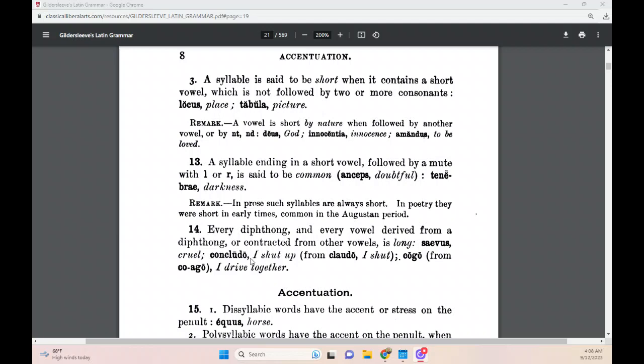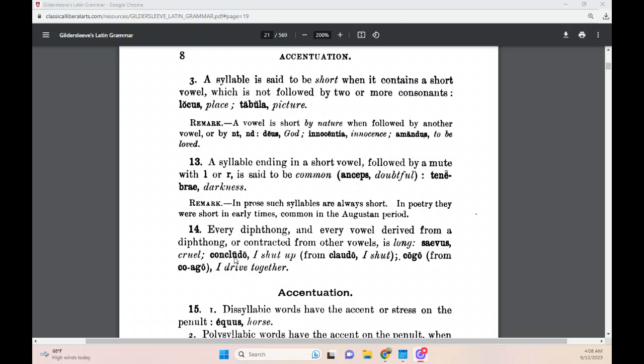What does it mean for every vowel derived from a diphthong to be long? Well, here we have the second example. We have concludo, and we see this second vowel, u, with a long mark over it, is derived from a diphthong. It's actually from the word claudo, and here in the middle of the word you can see the diphthong, claudo, but that diphthong is contracted to make concludo rather than conclaudo.